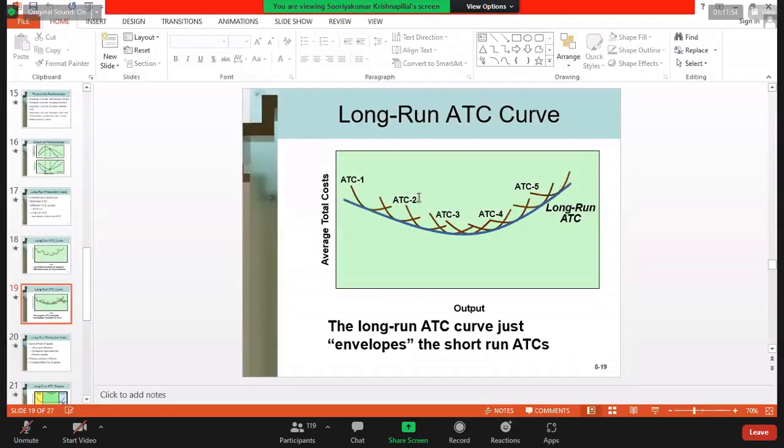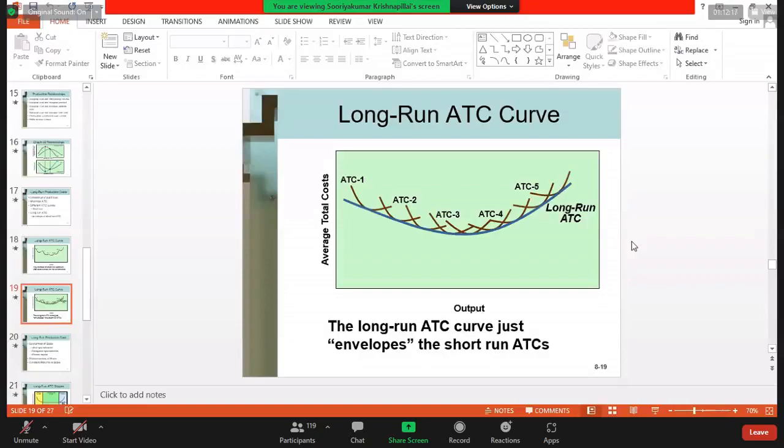This red curve is the short run, with different numbers of plant size. They do not change the plant size at that time: 5 machinery, 4 machinery. But in the long run, you can use 1 or 2 or 3 or 4 or 5. You have enough time.